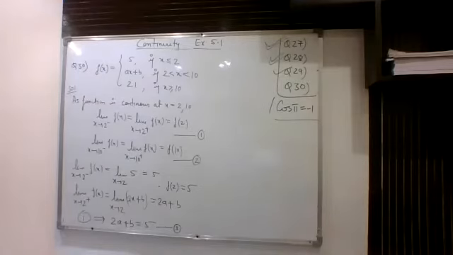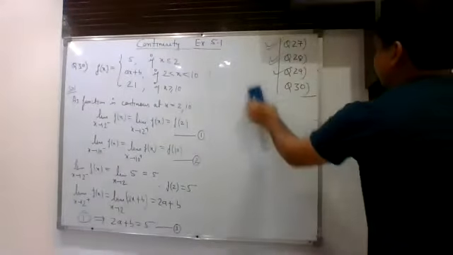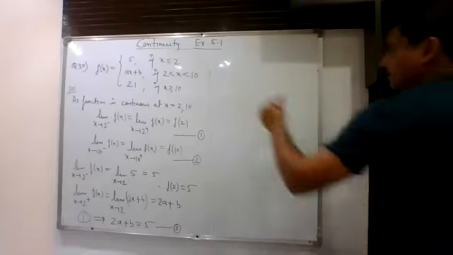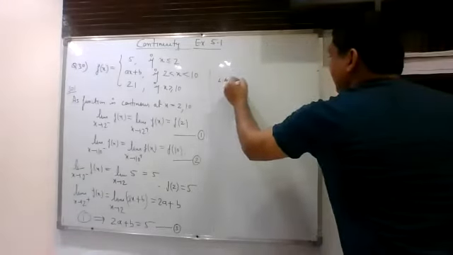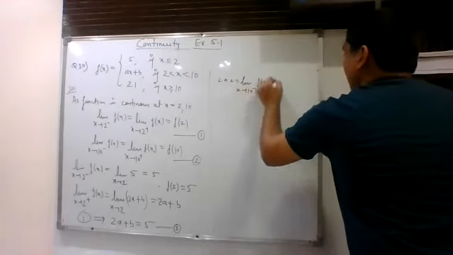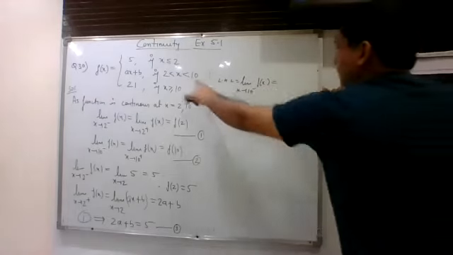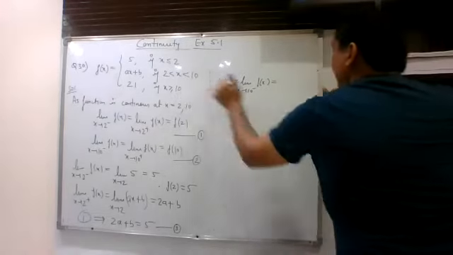Now similarly, we will do the same thing on 10 and then we will get another equation. So LHL, limit of x tending to 10. Now let us substitute the value. When we are approaching from the left direction, x is less than 10, over here it is given.